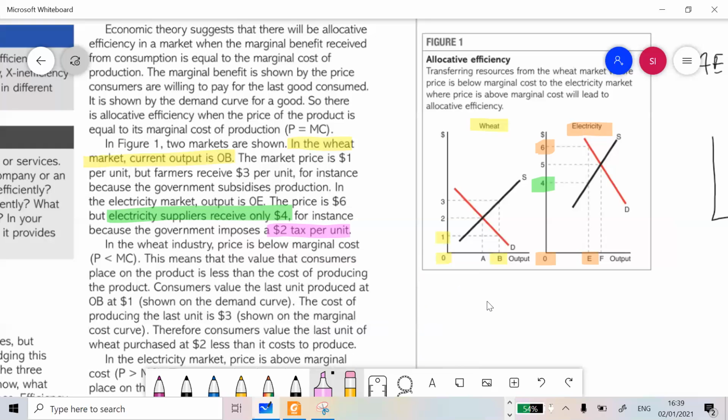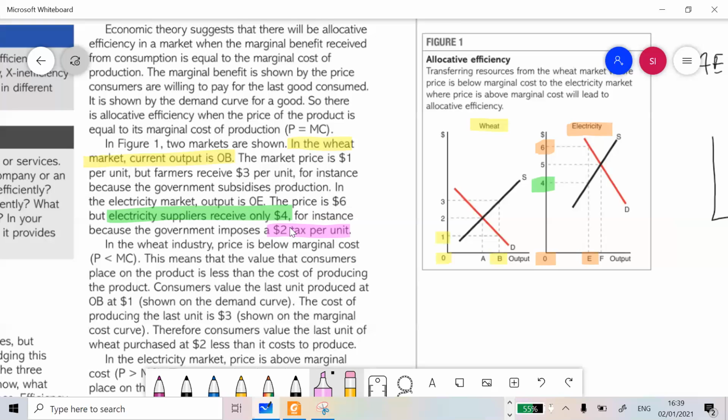In the wheat industry, price is below marginal cost, where price is less than the marginal cost. This means that the value that consumers place on the product is less than the cost of producing the product. Consumers value the last unit produced at 0B at $1, as shown by the demand curve.